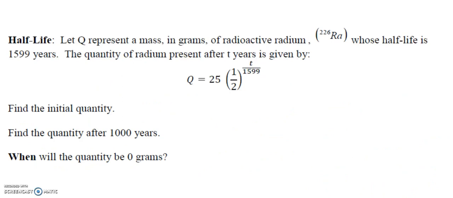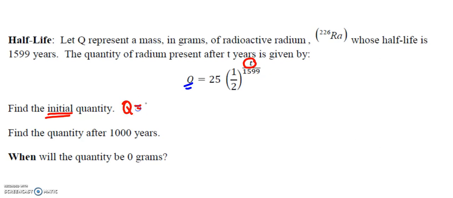All right, so another use for exponential equations is the concept of half-life. So let Q represent a mass in grams, so that's our amount, of radioactive radium, whose half-life is 1,599 years. The quantity of radium present after T years is given by this equation. So, find the initial quantity. If we think about what the word initial means, initial would be when time is equal to 0.